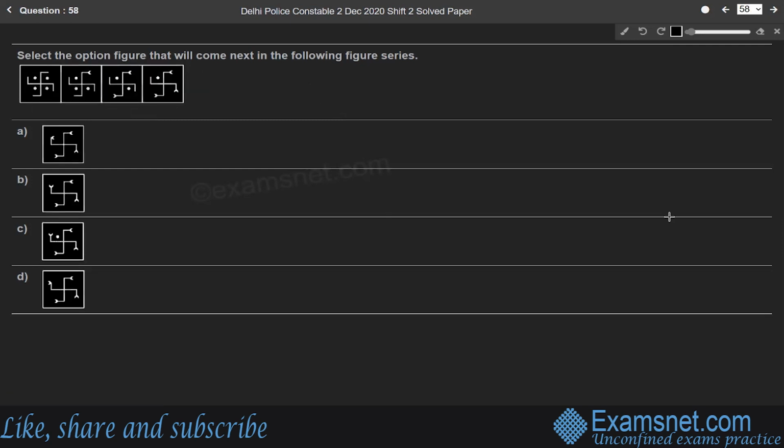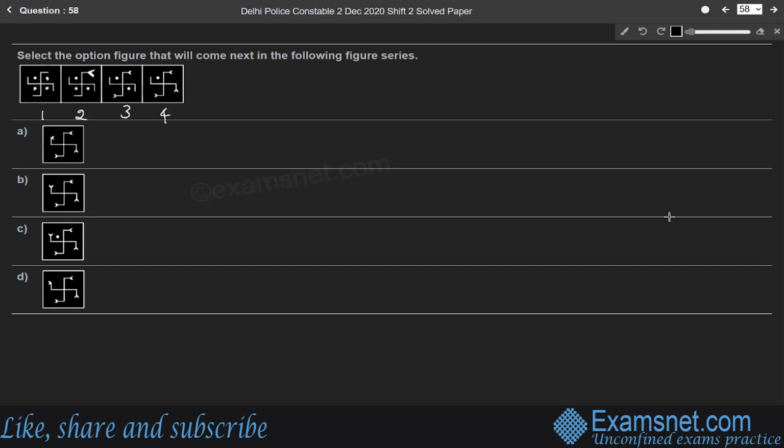Question 58. Select the option figure that will come next in the following figure series. So the series has 4 figures, 1, 2, 3, and 4. We have to find the next figure, right? In the first figure, there are 4 dots. In the second figure, 1 dot is removed and a reverse arrow mark is added to the removed part.